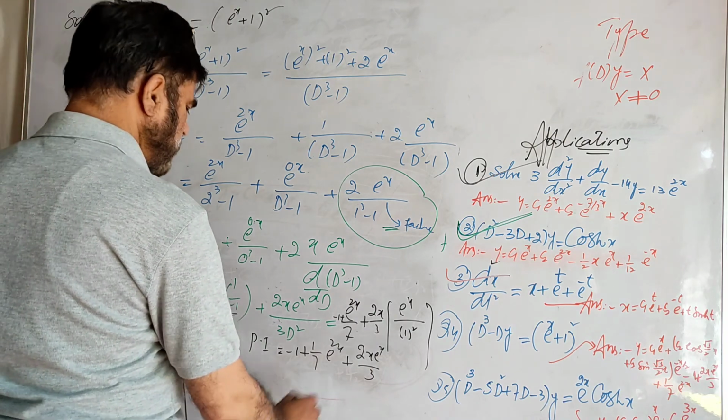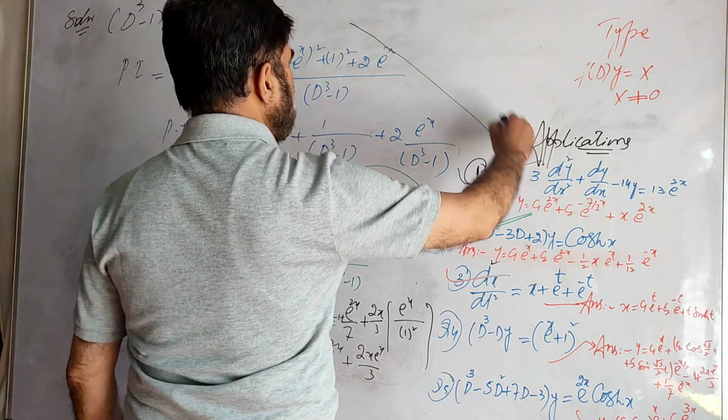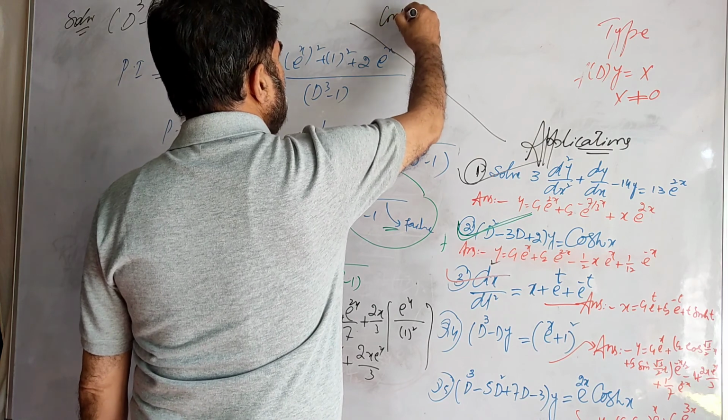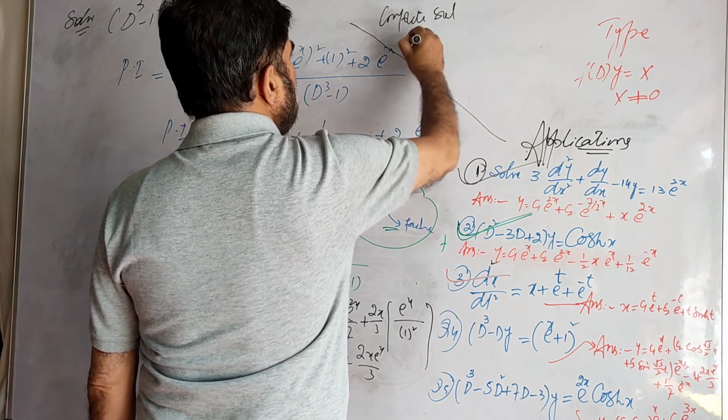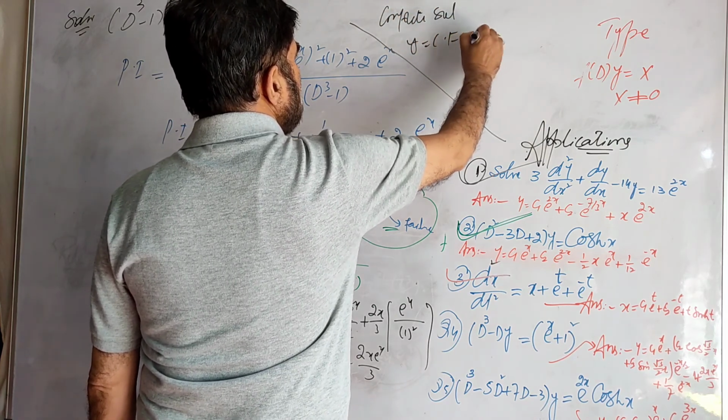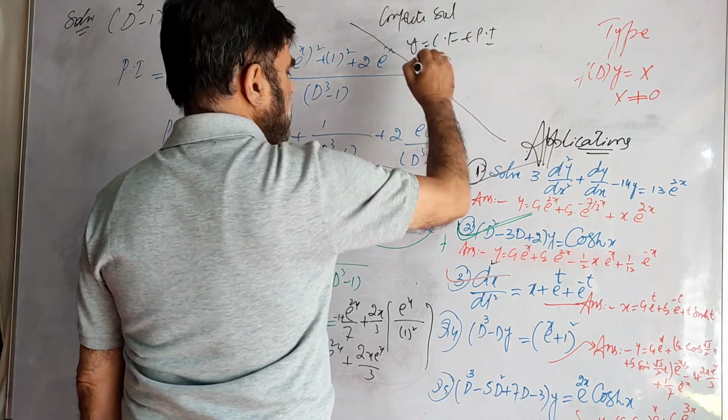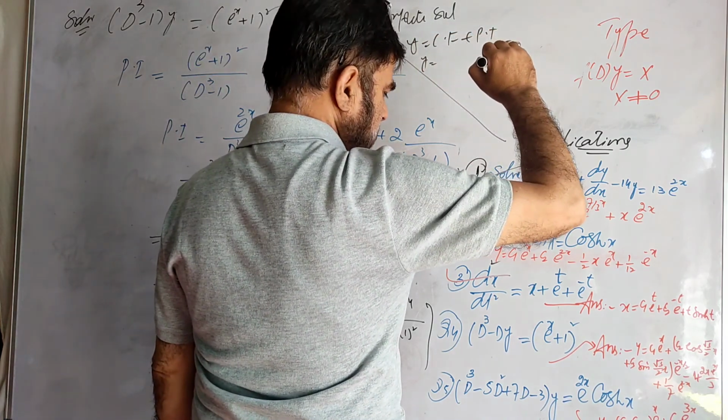So what is the complete solution? So complete solution is given by y equal to complementary function plus particular integral. It is y is equal to complementary function, you found out already.